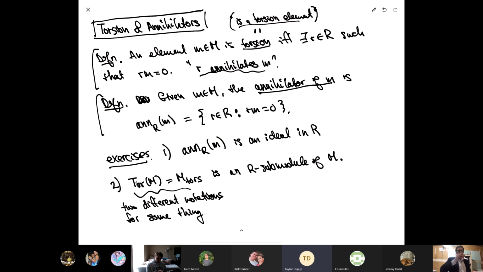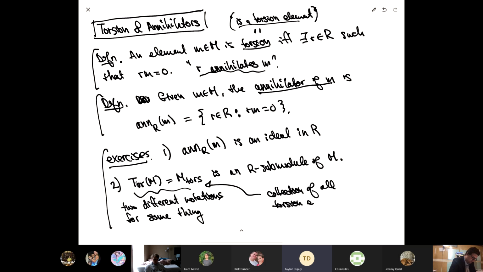This is the collection of all torsion elements. And I should say this r should be non-zero.